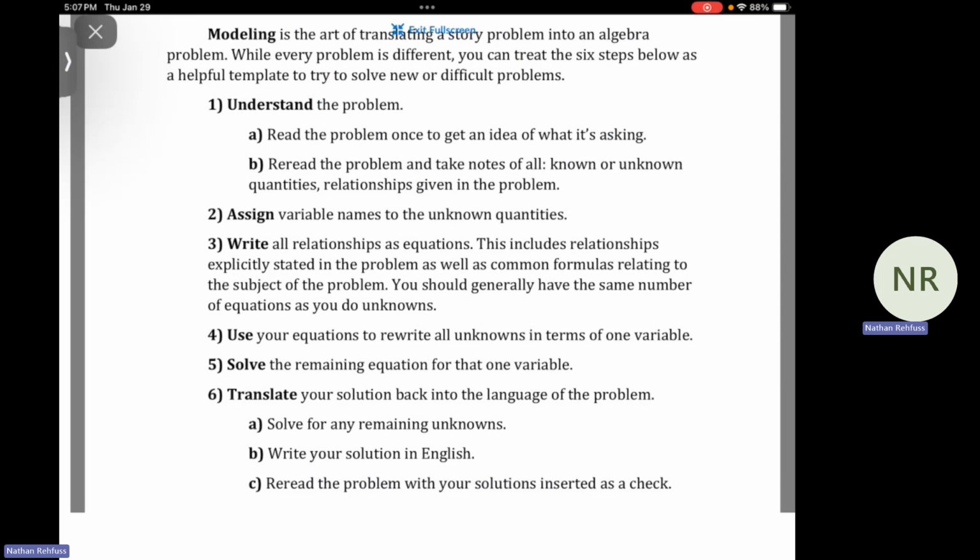And you should have this open to refer to throughout today's video. We're going to take 3 story problems through these 6 steps and see how they play. All right. So you can pause here if you want another minute to read this document. Otherwise, I'm going to jump right into the first story problem and try to apply these steps.